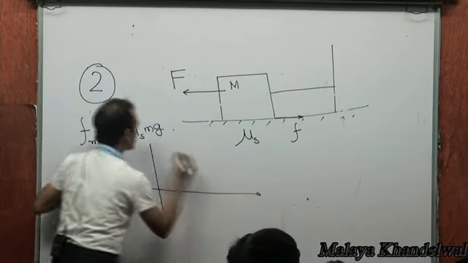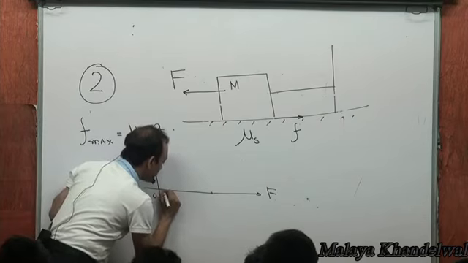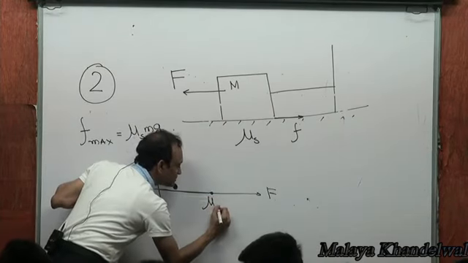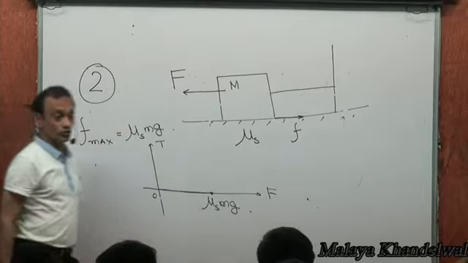Tension versus capital F. As capital F is increased initially, tension will remain zero. Tension will remain zero up to what point? Up to a point where capital F becomes equal to maximum static friction. Yes or no?